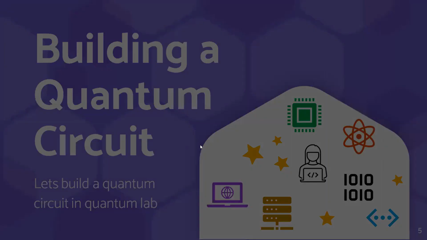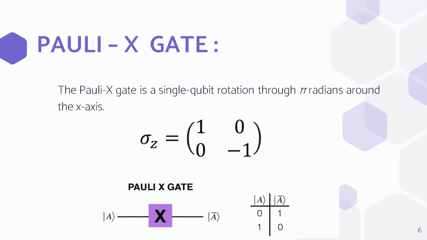So yeah, let's now see the Pauli X gate. The Pauli X gate is a single qubit rotation through pi radians around the x-axis. So this is how the Pauli X gate is denoted, and this is how it's represented in matrix form. It is equivalent to the NOT gate in classical computing, where 0 is converted to 1 and 1 is converted to 0.